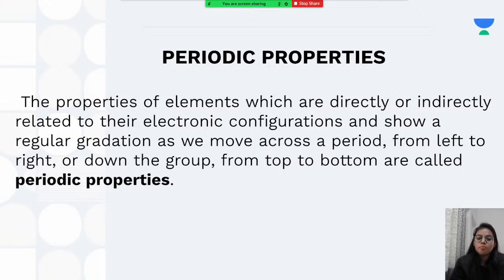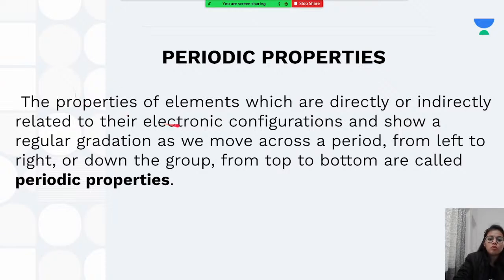Next, the periodic properties. The properties of elements which are directly or indirectly related to their electronic configurations and show a regular gradation as we move across a period from left to right, or down the group from top to bottom, are called periodic properties. What do we mean by periodic properties?